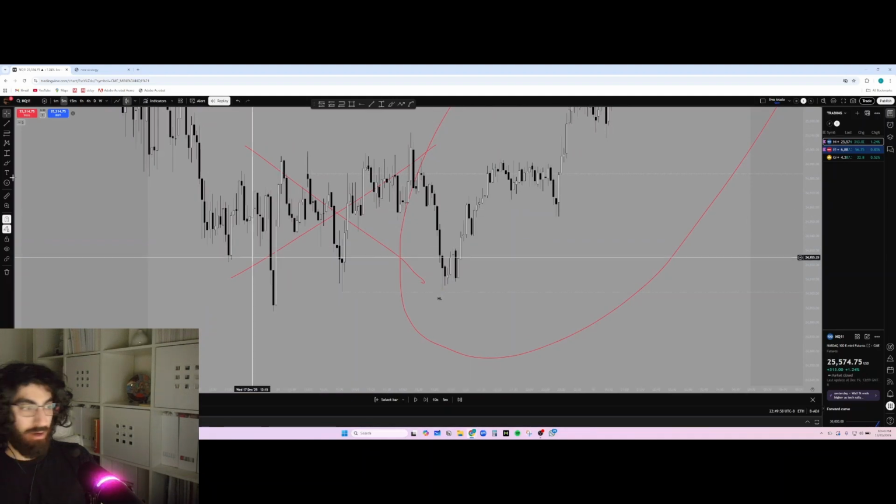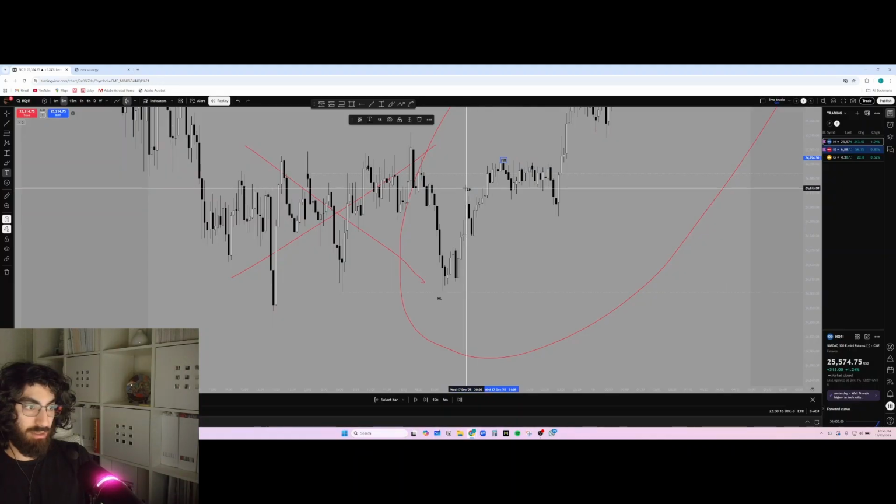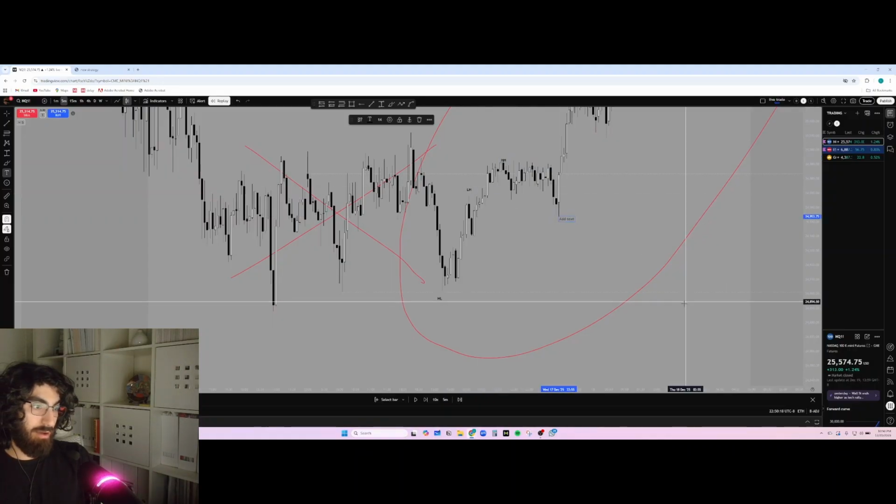You have a higher low again here. No, you have a lower high, because this high is higher than this one, so this one's lower. Here you have a higher high because this high is higher than this one. Here you have another higher low. This low is higher than this one.